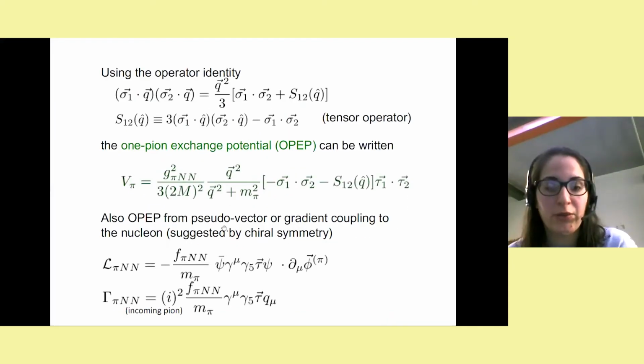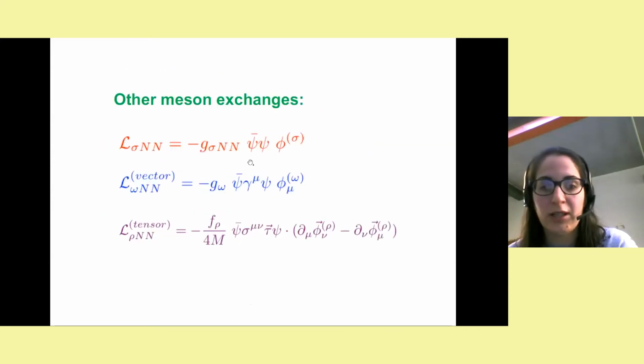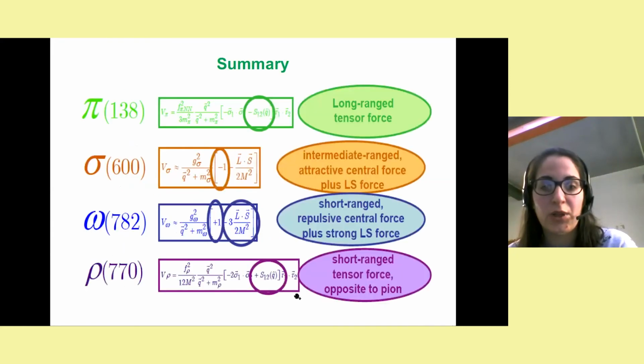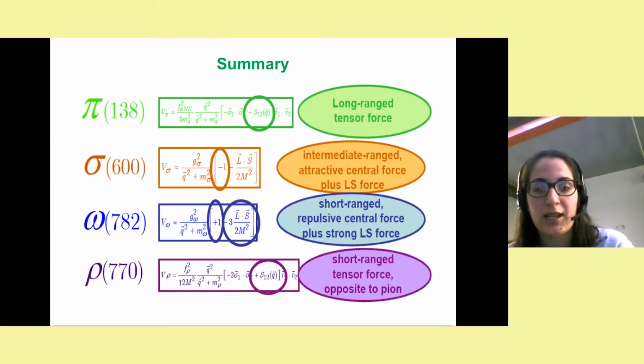So if we remember, we calculated the one pion exchange with Laura. Now we have calculated the scalar exchange, but you can also do the same as an exercise if you want for the vector or for the rho, if you take it as a tensor. And you will get this expression here that Laura was telling us.